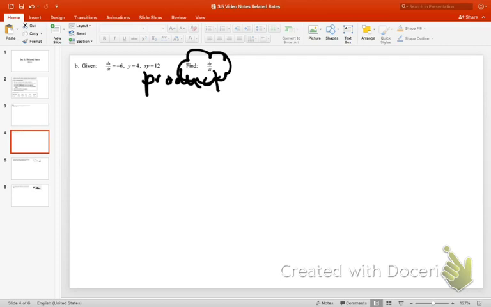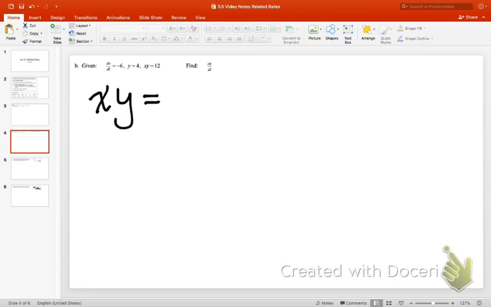All right, so looking at this, we need to find something to take the derivative on. So we're going to start with our equation x times y is equal to 12.